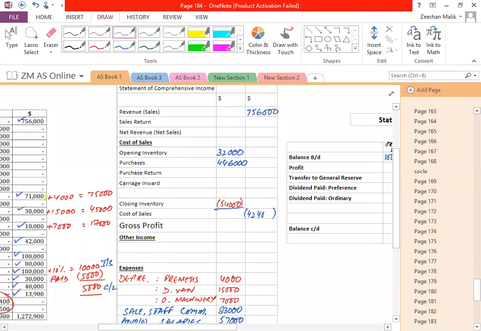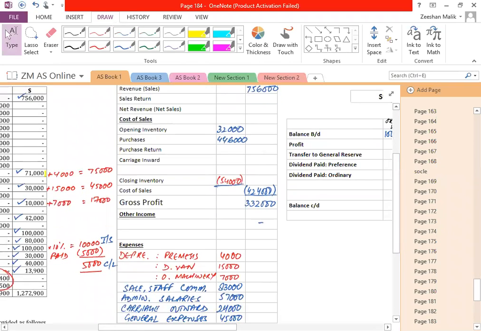Is it 424,000? Then subtract from revenue. This is 332. Gross profit is 332. No other income in it.